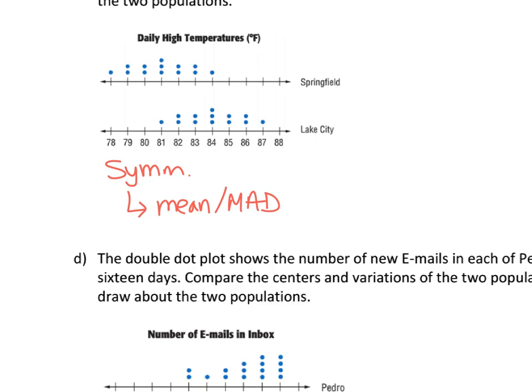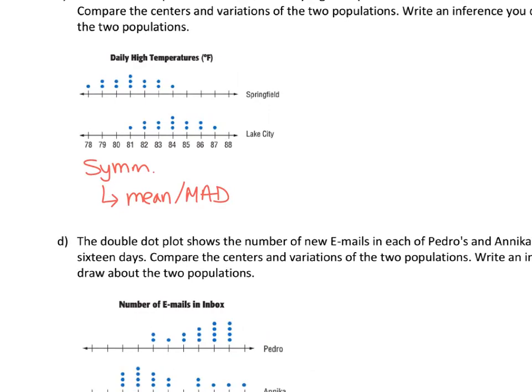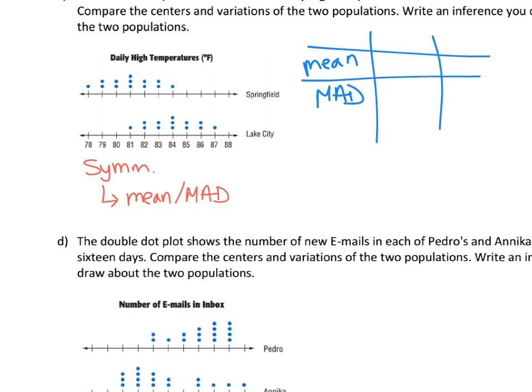So let's go ahead and make our little chart. We are finding mean and MAD for Springfield and Lake City. So again, our mean is the peak. It's the middle data value. So our mean is 81 for Springfield. And our mean for Lake City is 84.